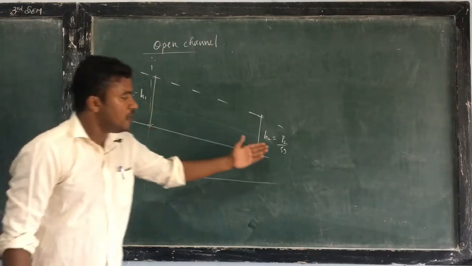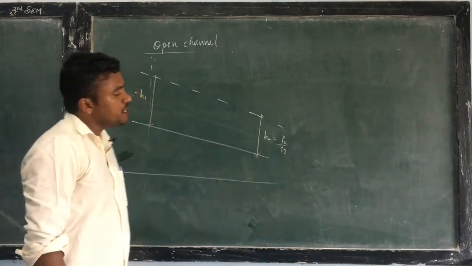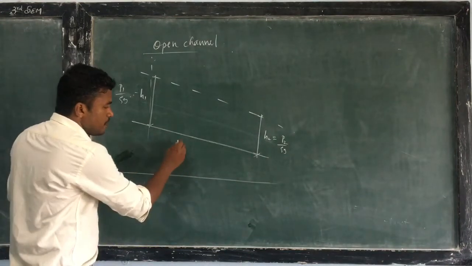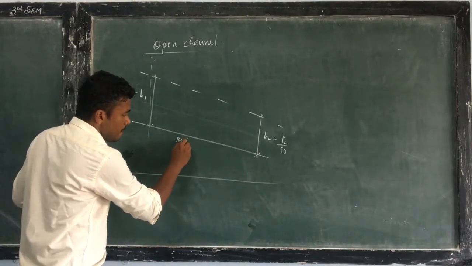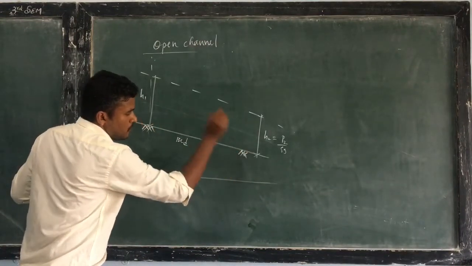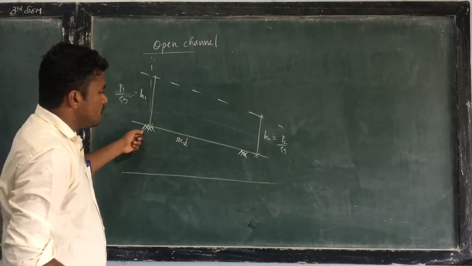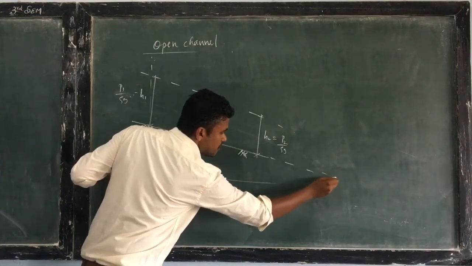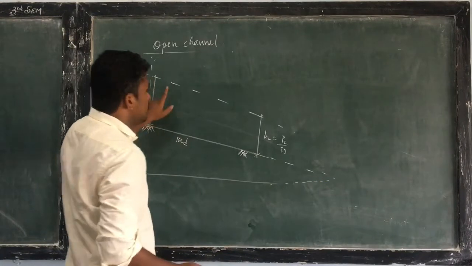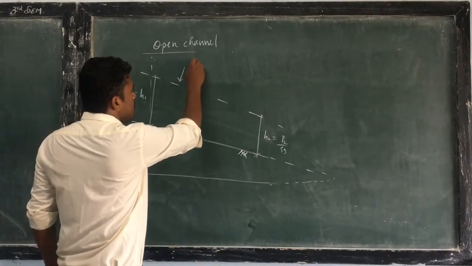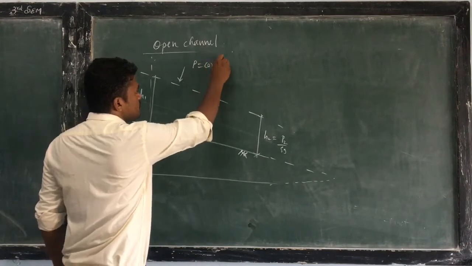If you take an open channel, see here the head at section 1 is P1 by rho g, which is H1. At section 2 it is P2 by rho g, which is H2. Of course this will meet at some point. Now we already know the acting normal pressure P is equal to constant.